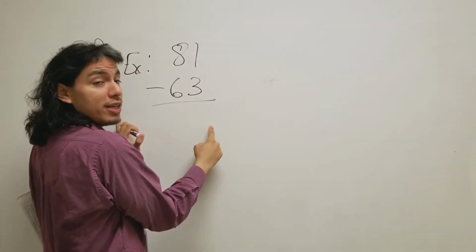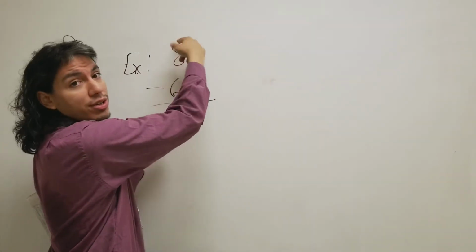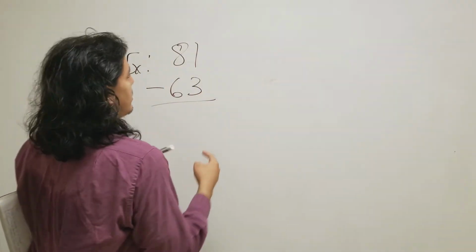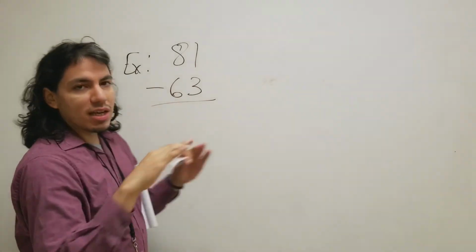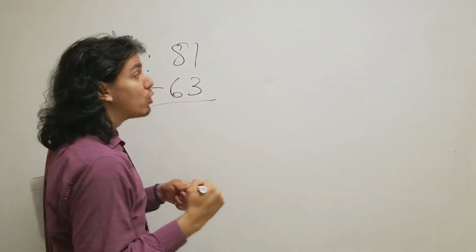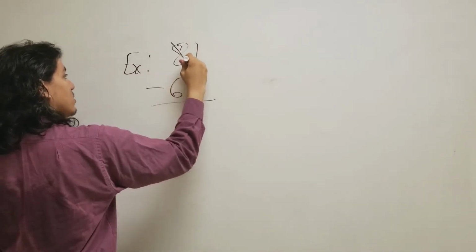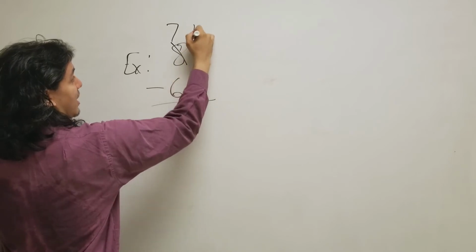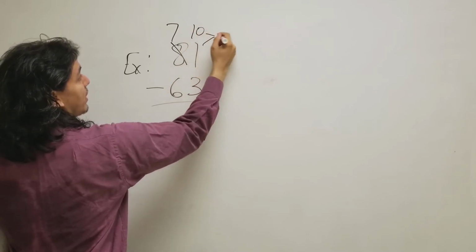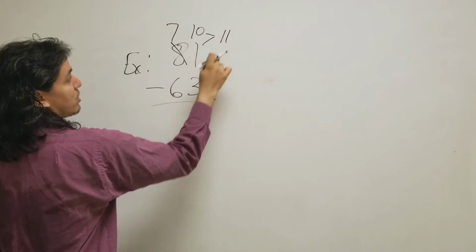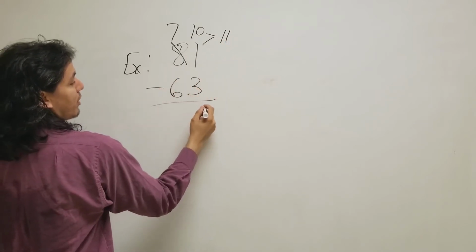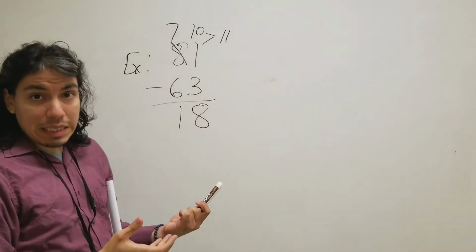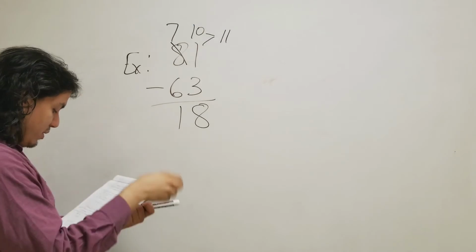You put the 2 down here and carry the 1 over here, then you continue adding because you keep increasing. Reverse logic would be this: 1 minus 3 is not going to work in the place value system. So I borrow from the tens place, this is the 7. Since this is 10, I add 10 to this 1, making this 11 minus 3. So 11 minus 3 would be what? 8. 7 minus 6 is 1. That'll be 18.